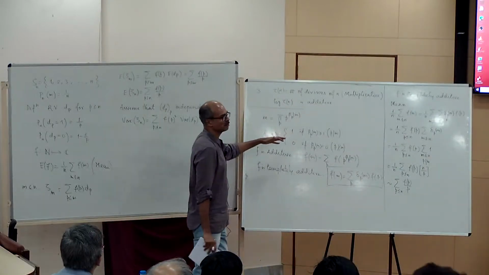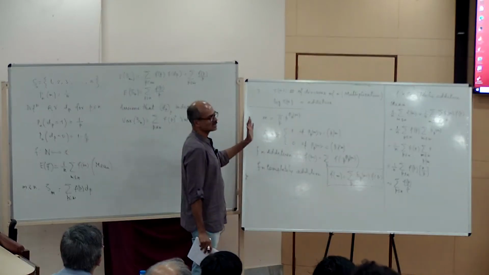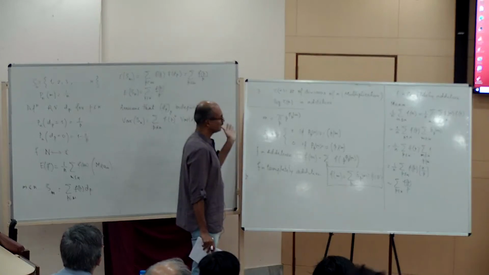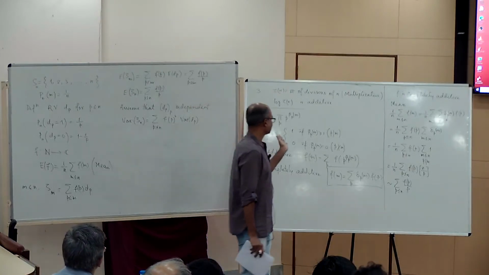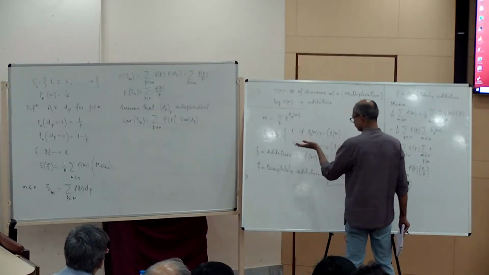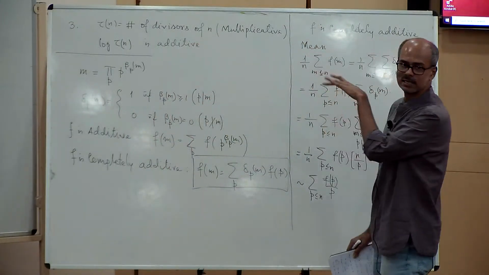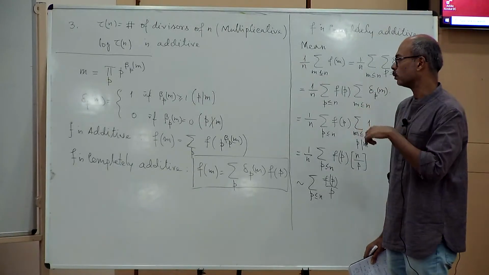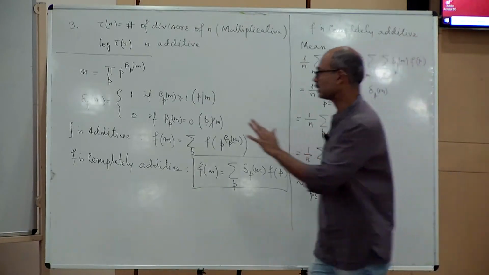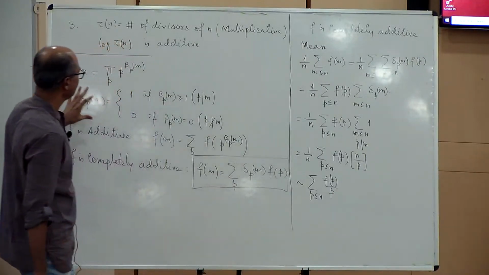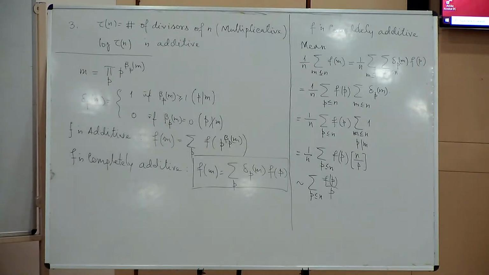You can see that empirically, because the number of integers up to n divisible by p times q is n by p q. So you can empirically see that these things are actually independent for distinct primes. That is why we are assuming this.